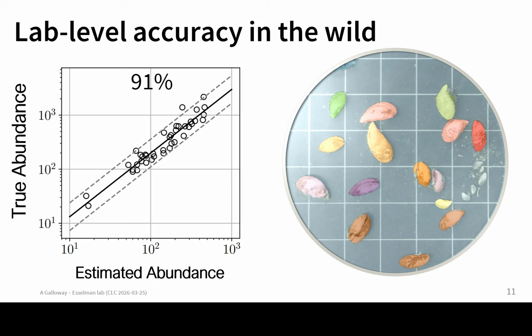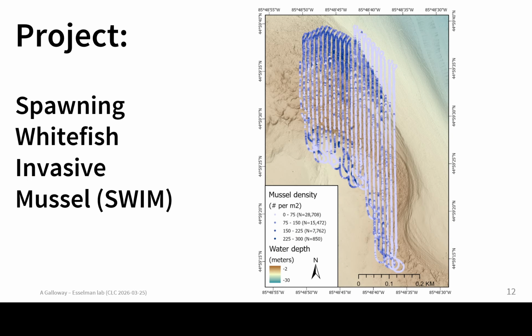And in a pristine lab setting, the relationship between the percentage of the image occupied by mussels, their pixel-based count, and their abundance was at a similar level of performance. And so this essentially implies that in favorable conditions we're achieving lab level accuracy in the wild, which we think is a pretty nice benchmark.